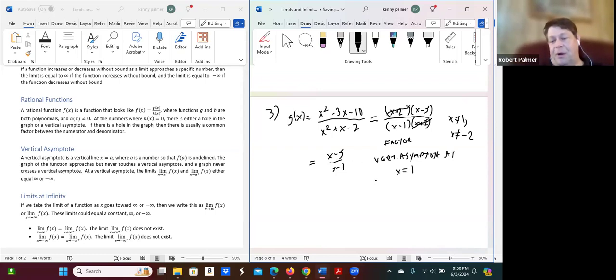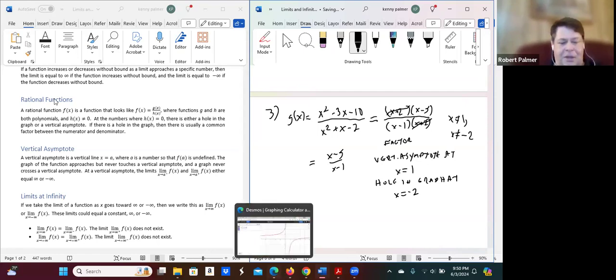And then we have a hole in the graph at x equals -2.